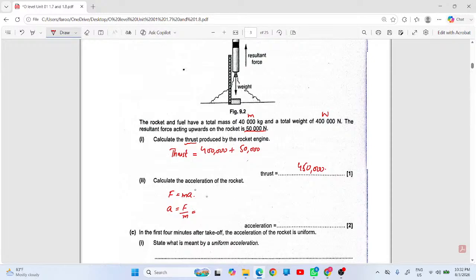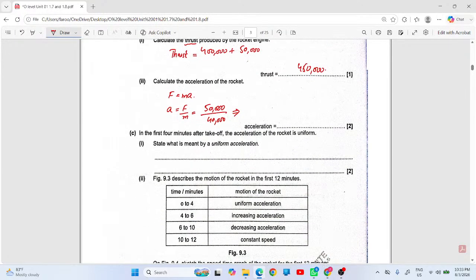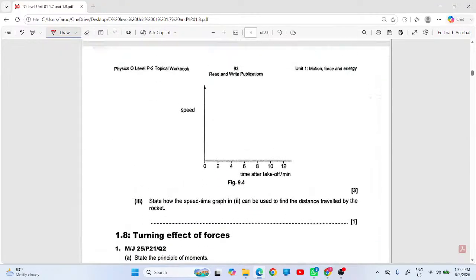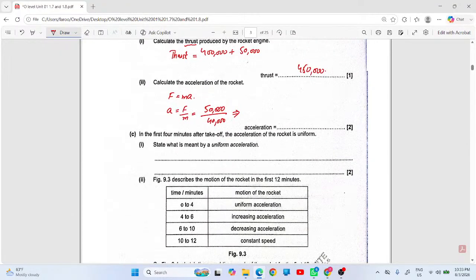So 50,000 is the resultant force. इसमें हम resultant force लेते हैं Newton's second law. 50,000 over mass 40,000. चेक करें. वन पॉइंट टू फाइव. आंसर चेक कर लो. 1.25, और अच्छा, units के साथ meter per second square.